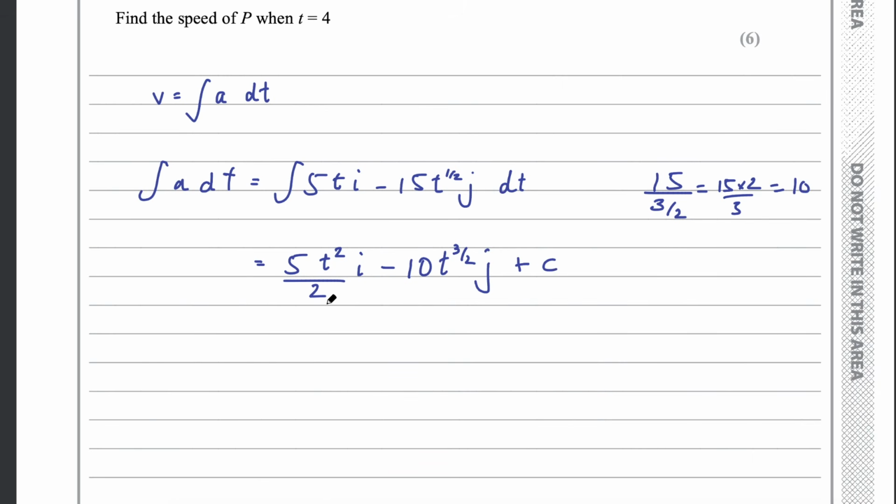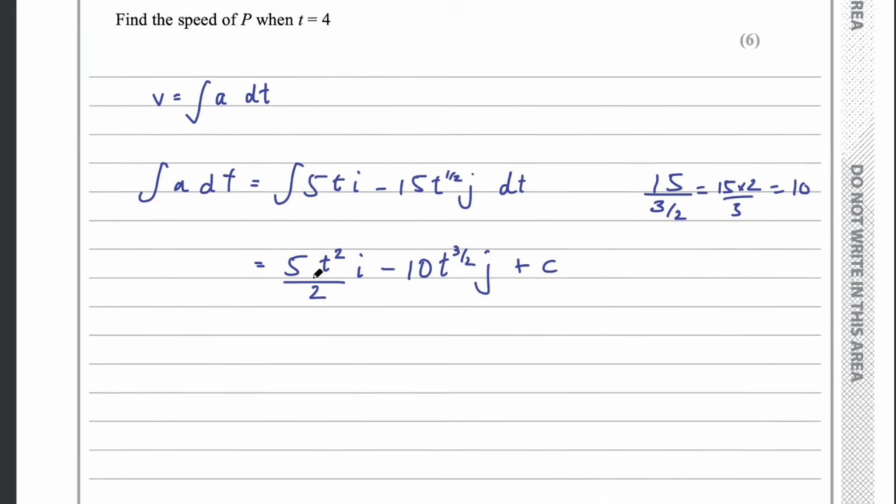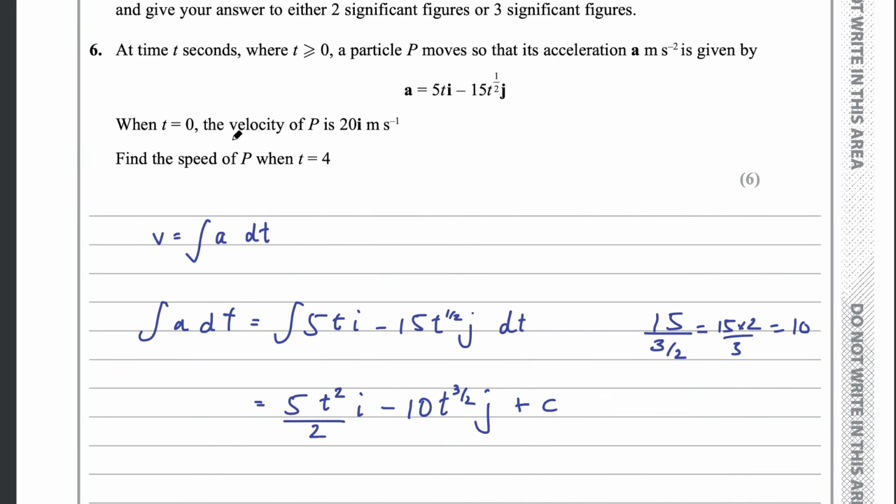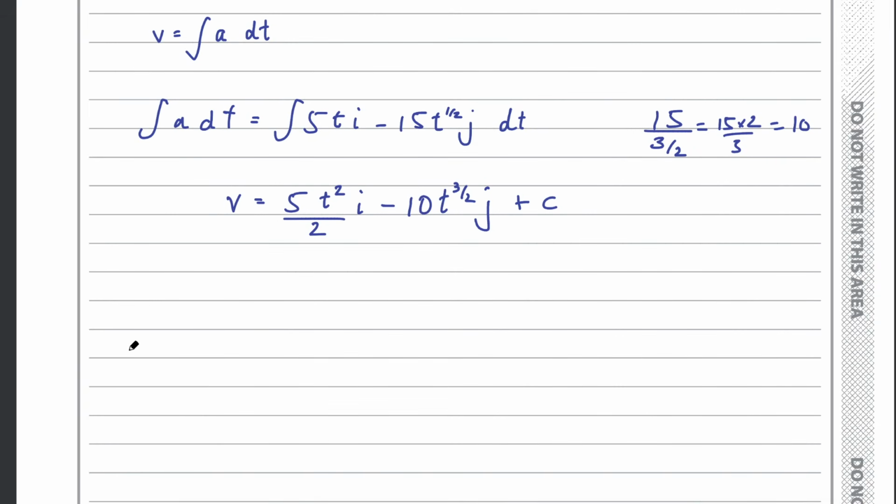Okay, so we've integrated that expression. And remember, they told us when t equals 0, the velocity is 20 meters per second. So this is the velocity here. So we can use that information to find c here. So when t equals 0, v equals 20 meters per second.